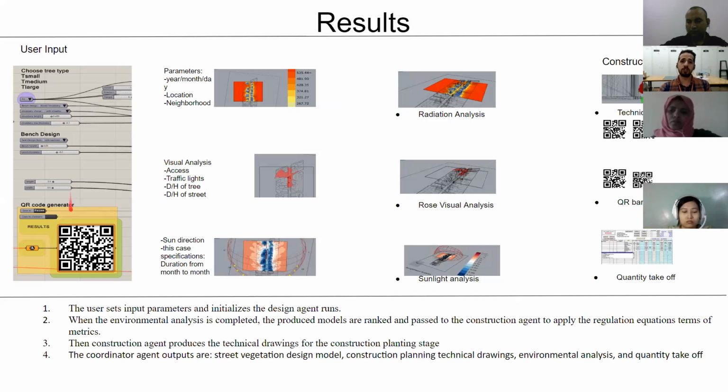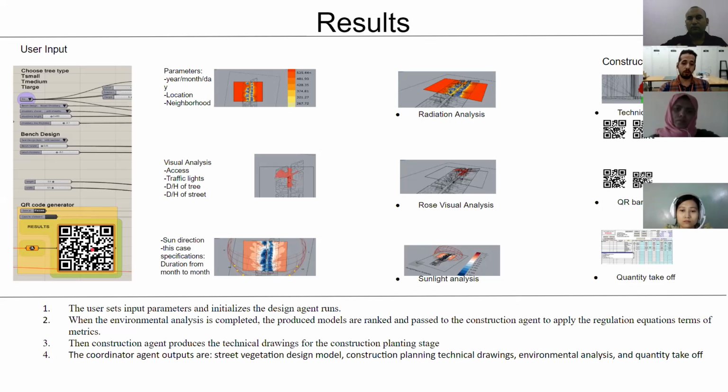So the user interface is still under development. Simply, the user can choose from these drop-down menus and these sliders. He can choose the tree shape, and the vegetation box size and height. He can move these sliders, and he can choose from the bench design.